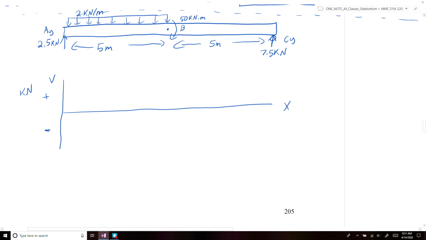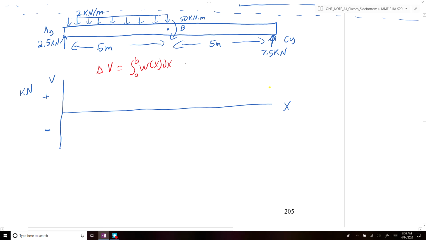To draw a shear diagram, we know that the change in the shear force is equal to the integral of w(x) dx, from one point to an end point.